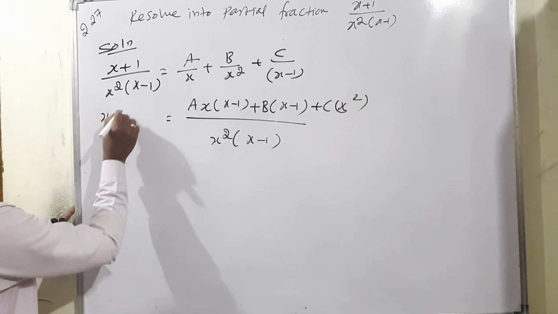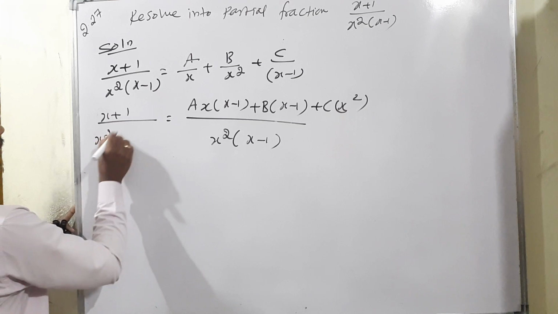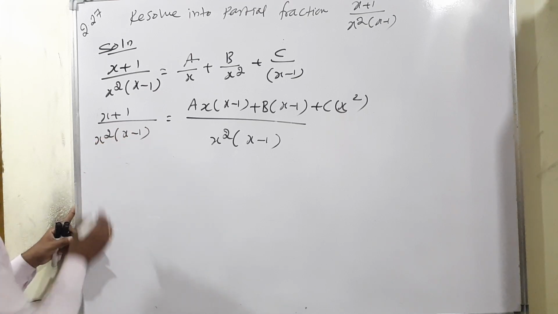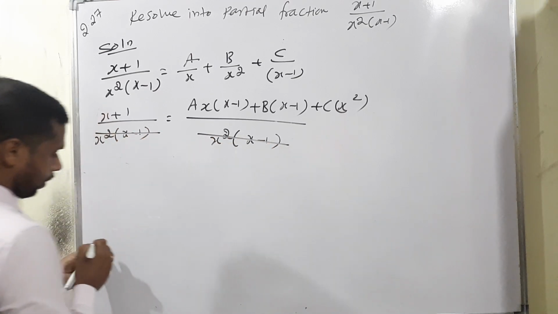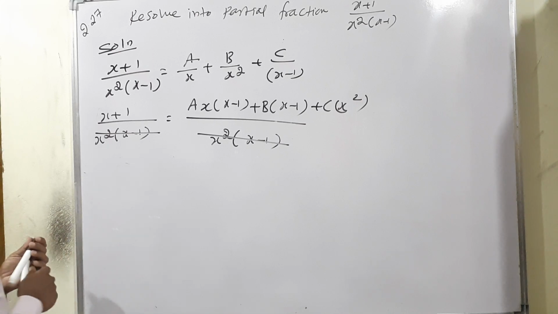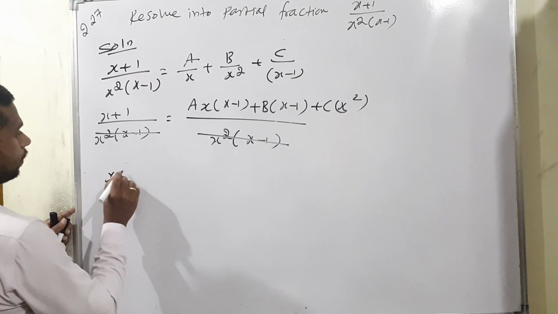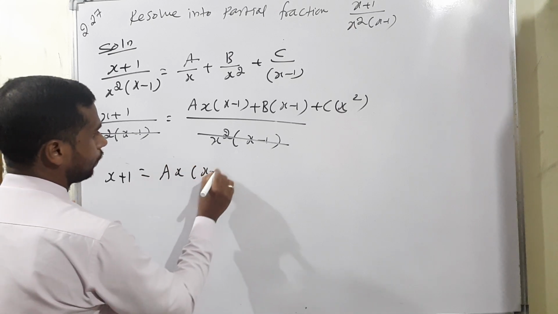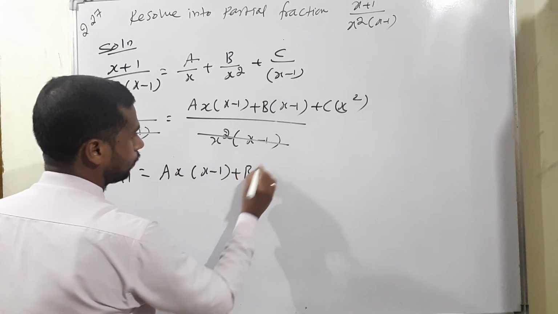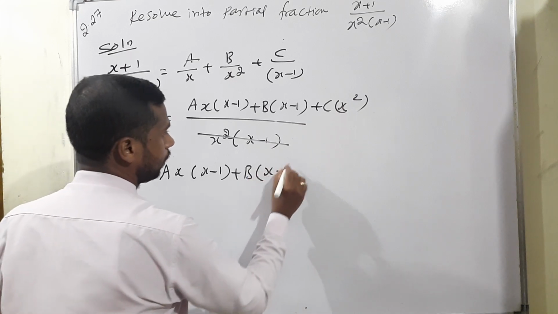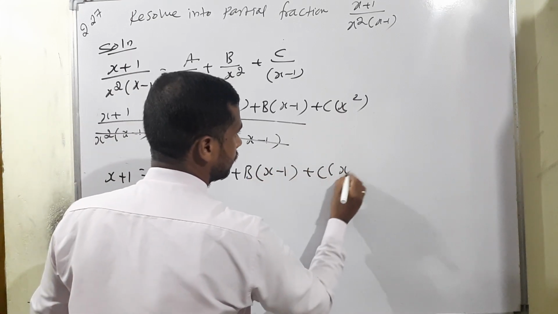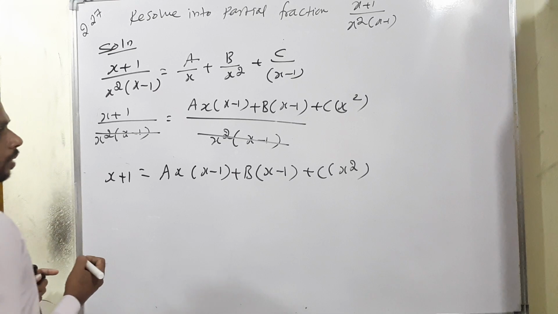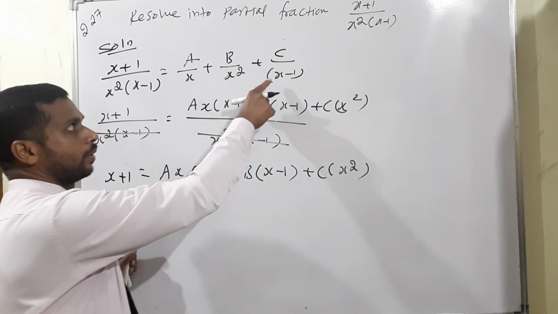On the opposite side, x plus 1 over x square of x minus 1, so x square into x minus 1 will be cancelled. So remaining, x plus 1 is equal to ax of x minus 1 plus b into x minus 1 plus c into x square.